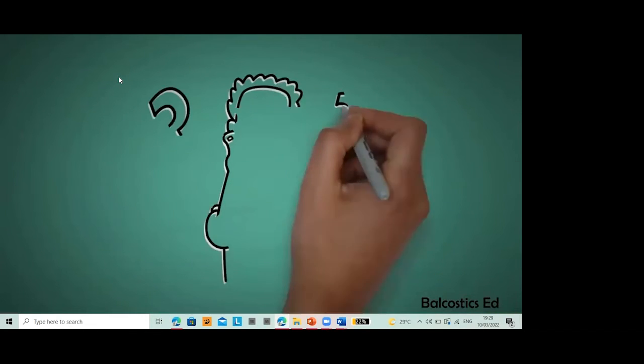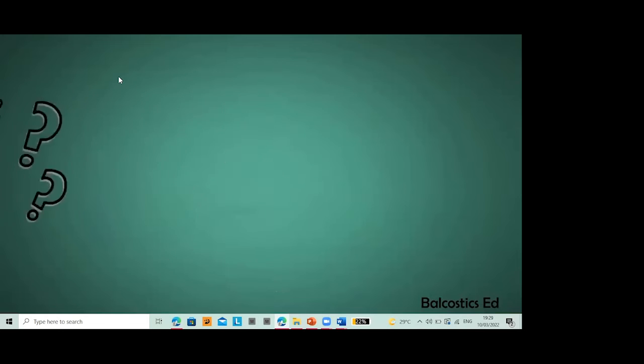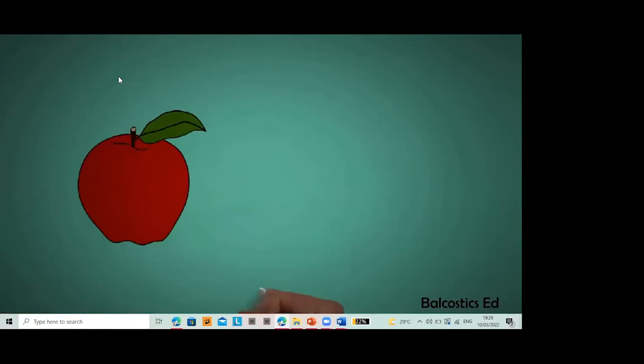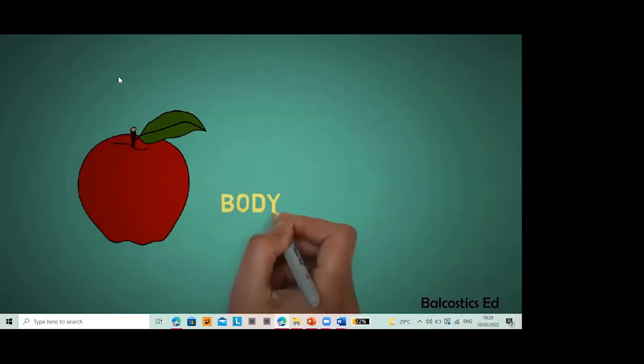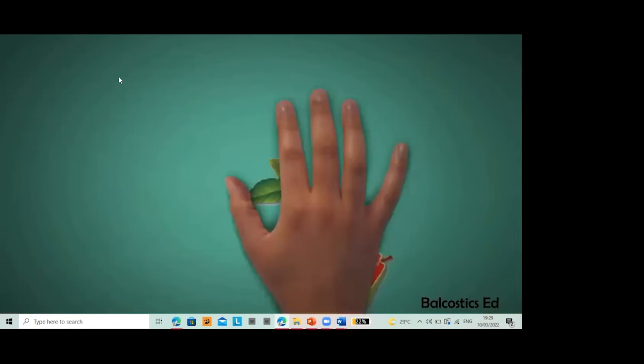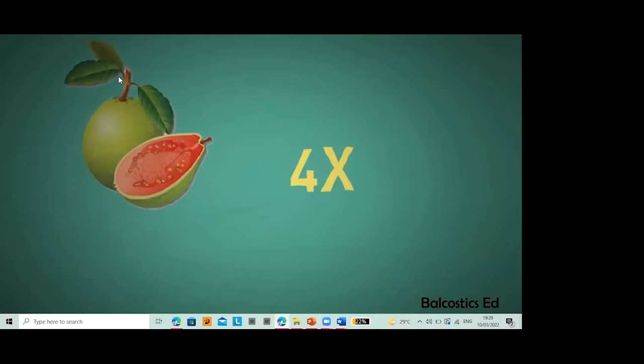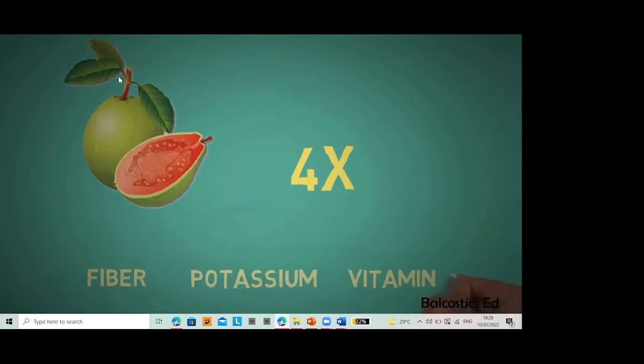But how do our local foods compare? Who has not heard the adage, an apple a day keeps the doctor away? This is probably because the American apple has fiber to facilitate gut health and rid the body of waste. But did you know that one guava fruit has 4 times the amount of fiber, slightly more potassium, and 19 times the amount of vitamin C as an American apple?